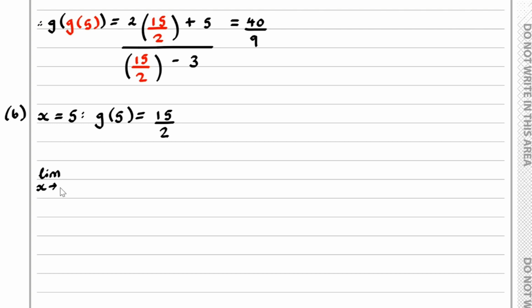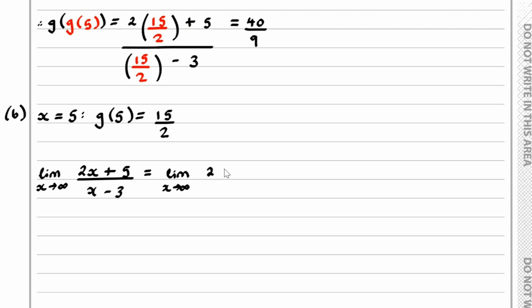and to find our upper limit, we see what happens when x gets very large. We see what happens as x tends towards infinity of 2x plus 5 over x minus 3. Now I can divide the top and bottom by x.